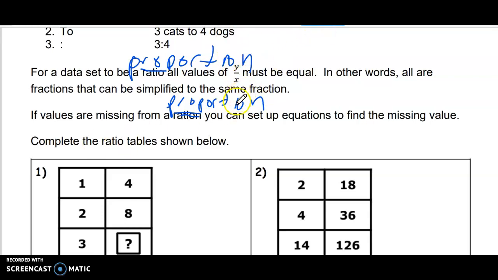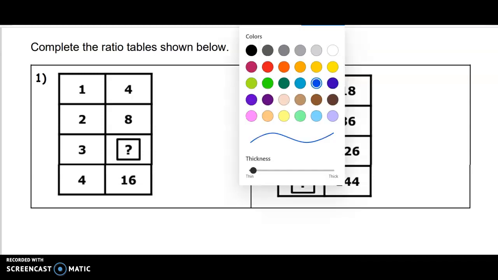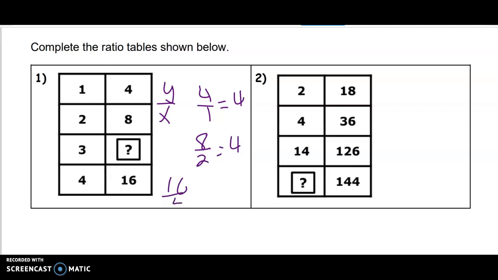Here I'm going to go over some examples. So we have an equation, and remember it's y over x, so I'm going to go 4 over 1, that's 4, 8 over 2, that's 4, 16 over 4, that's 4.